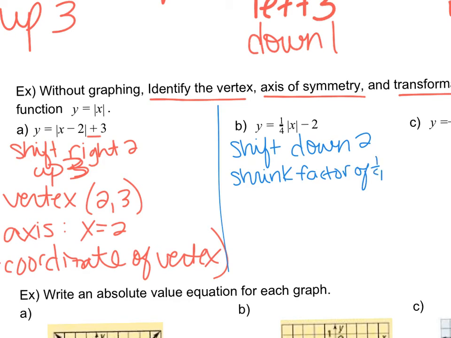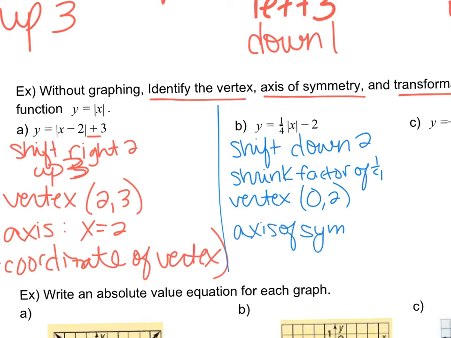Okay, so that's the transformation. So now let's do the vertex. Well, if you just shifted it down 2, the vertex would be 0, 2. The axis of symmetry would be your x coordinate, remember, so it's x equals 0.